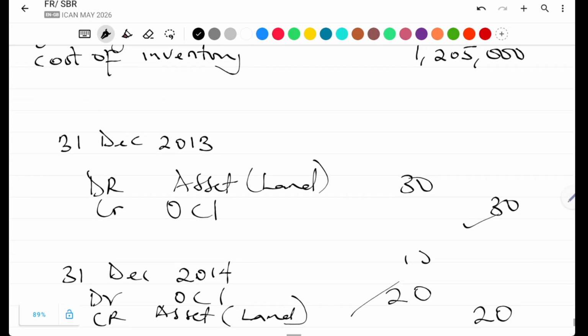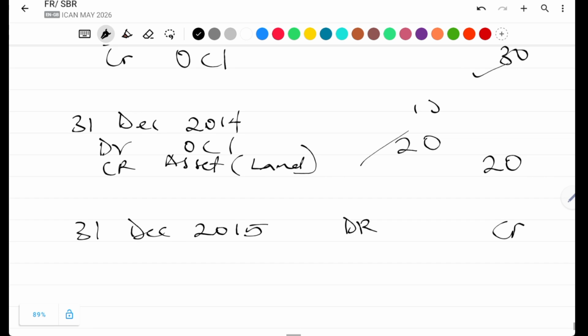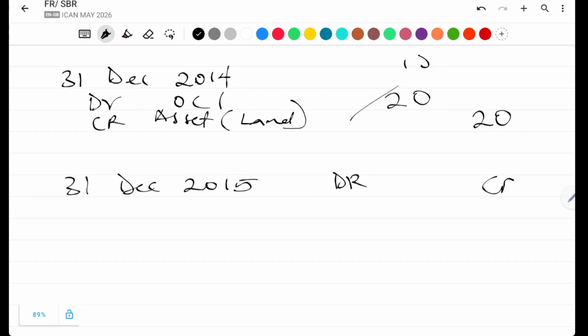So if OCI has 10, what it means is that you have to take that 10 first to OCI. So you debit OCI with 10. All right, but there's still 5 left. Remember that the devaluation was 15. So there's still 5 left. So that means then you do what we do normally, which is for every loss in valuation, you take it to the profit or loss account, which is your income.